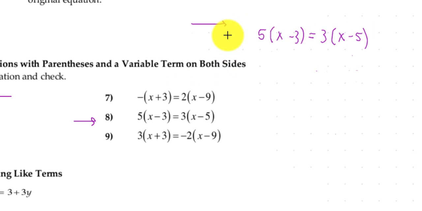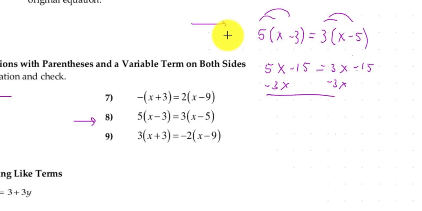Again, we want to remove the parentheses by distributing. So we end up with 5x minus 15 equals 3x minus 15. I'll subtract 3x from both sides. Ooh, this one's going to be interesting. We end up with 2x minus 15 equals negative 15.